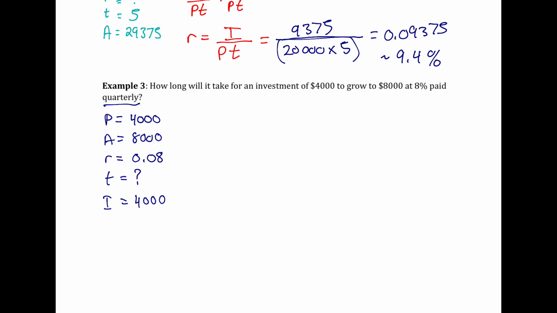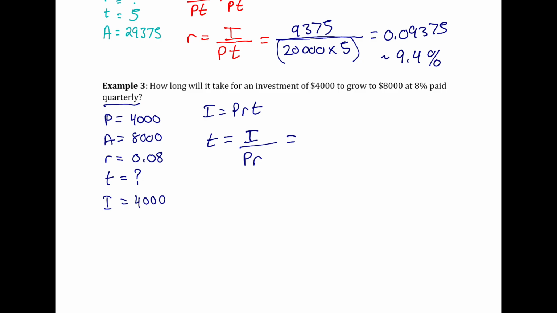So now I just want to take my equation, I is equal to P times R times T, and rearrange it so T is all by itself. What should it equal? Any guesses based on the previous example? It's going to be I divided by the other 2. That's always the way this equation rearranges.